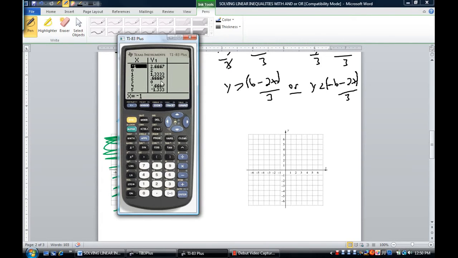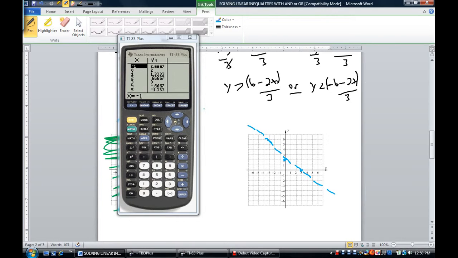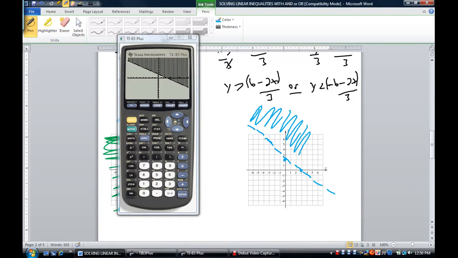So it looks like 0, 2, and then 3, 0 looks like. Since it's just greater than, dashed line, and above, because it's greater than.